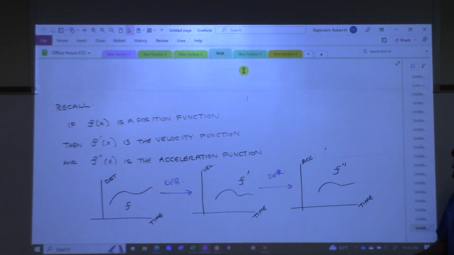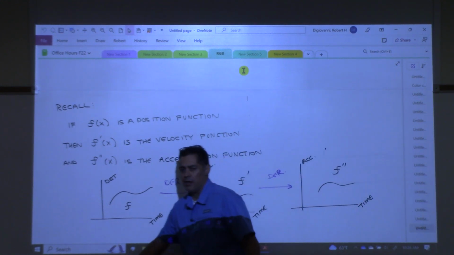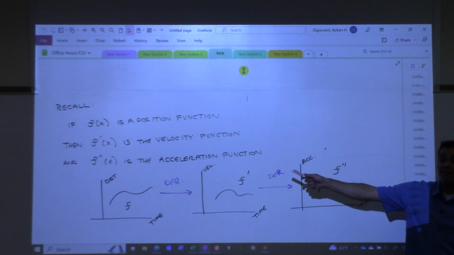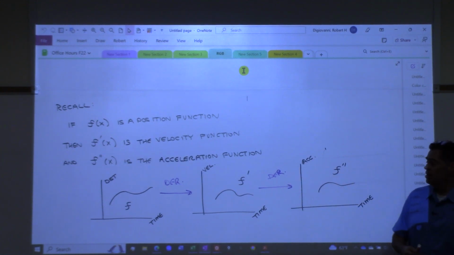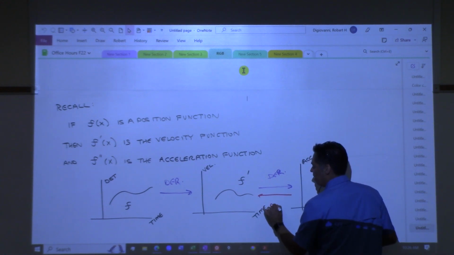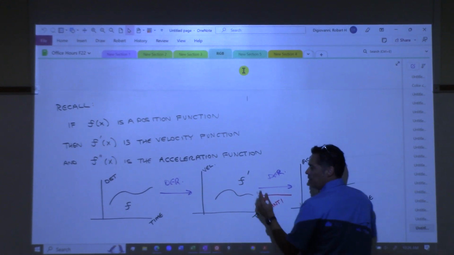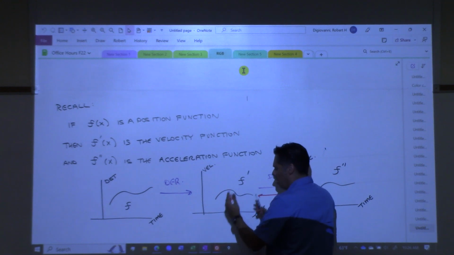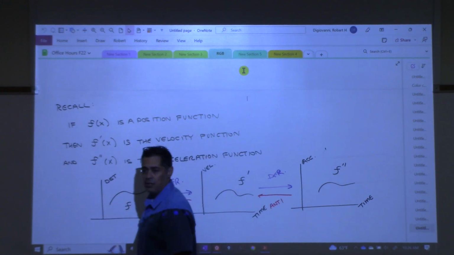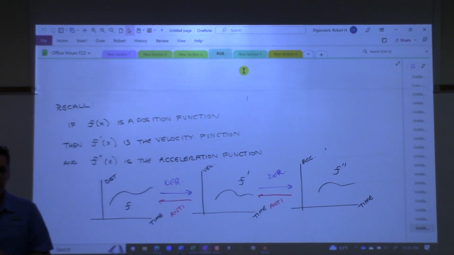What we're interested in doing now is starting with the acceleration function and seeing if we can get back to the position function. So can I start here, go back, which means what? Antiderivative, get the velocity, go back one more time, anti again, and get the position. Do you think it's possible? What do you think?